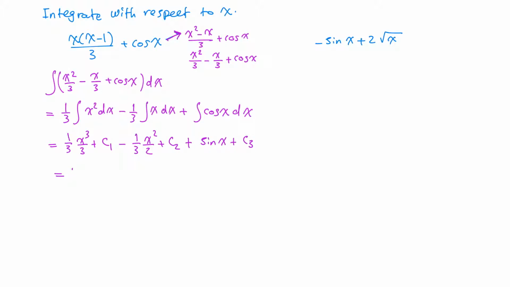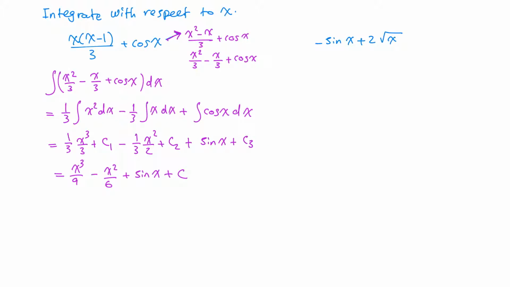And simplifying everything, I get x cubed over 9 minus x squared over 6 plus sine x plus 1 constant value, which is a combination of C1, C2, and C3.